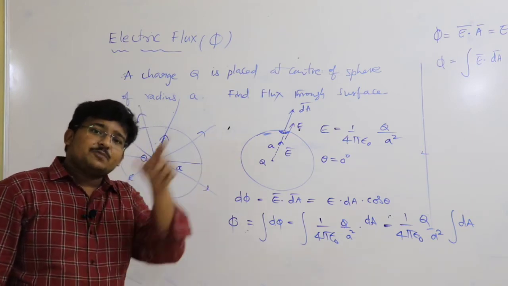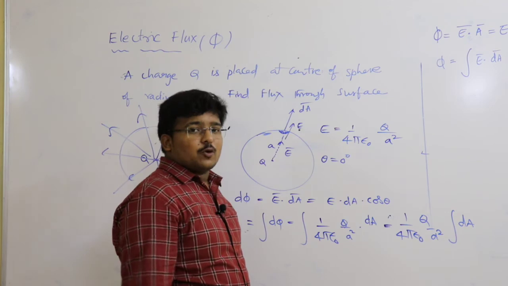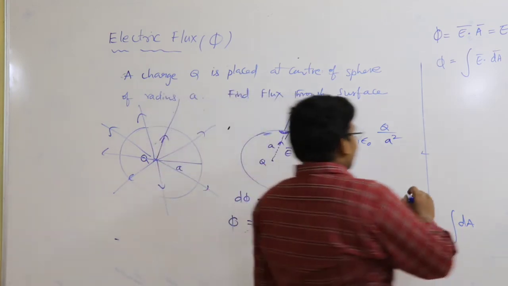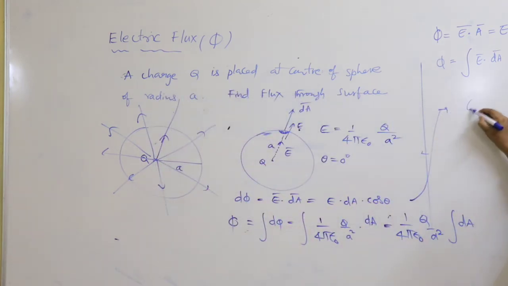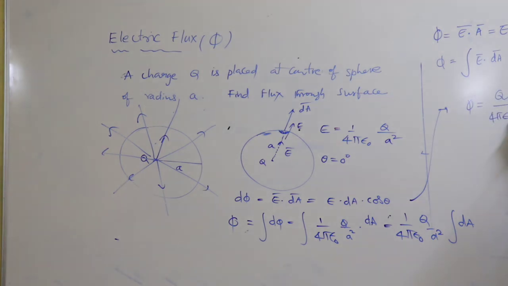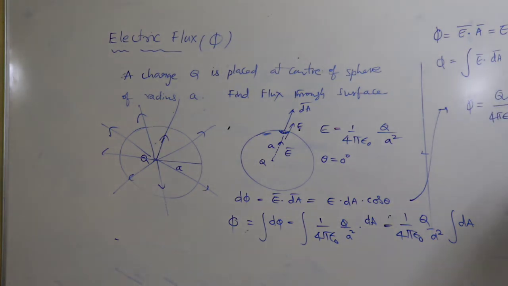What is the area of the sphere? Area of the sphere is 4 pi r square. So flux is equal to q by 4 pi epsilon naught a square into the area of this sphere, 4 pi a square. Now 4 pi cancels, a square cancels.